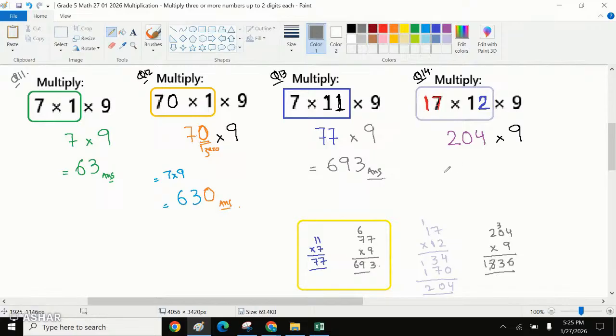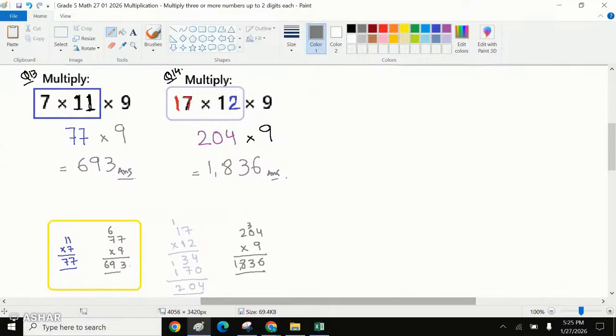So we can say 1836 should be the answer when these three numbers are multiplied. Okay, 1836.